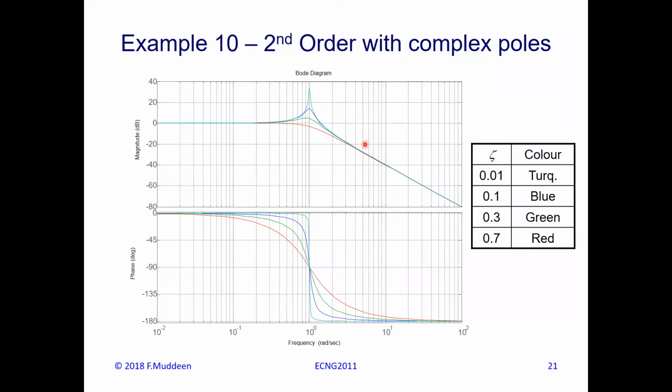And as zeta starts approaching 0.707, we obtain our usual Bode plot that we've been observing all the time. For our phase plots, as zeta tends towards 0, we get more of a straight line approximation graph that we've been plotting all the time. But as zeta tends towards 0.707, we get that nice smooth curve transition that is the actual phase plot for a stable system.